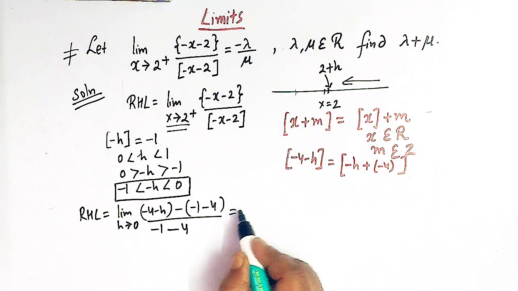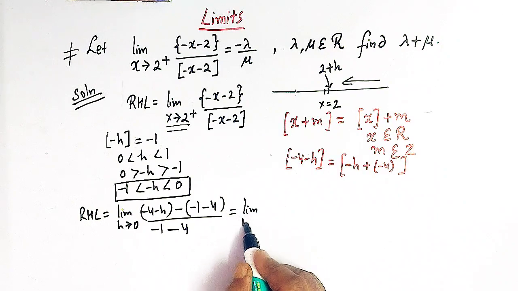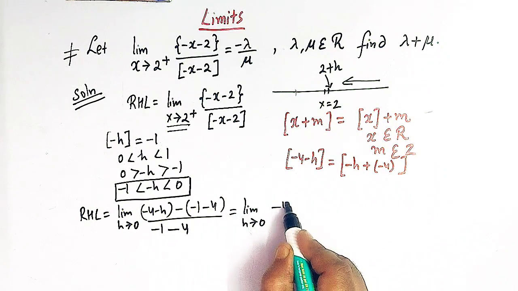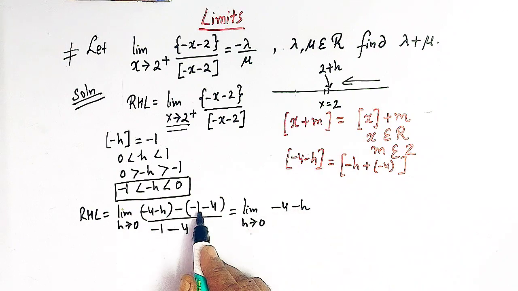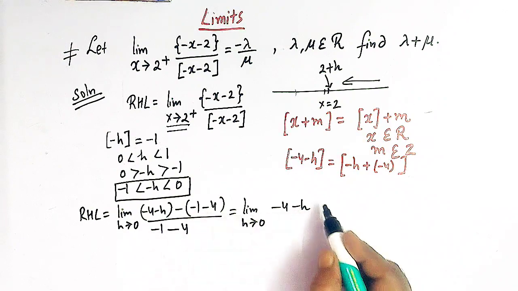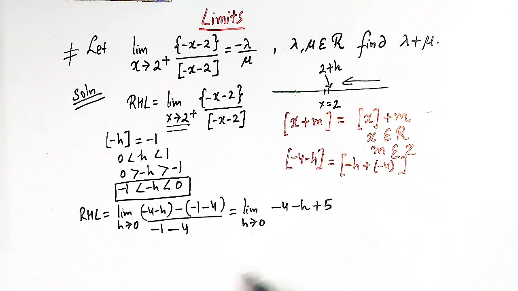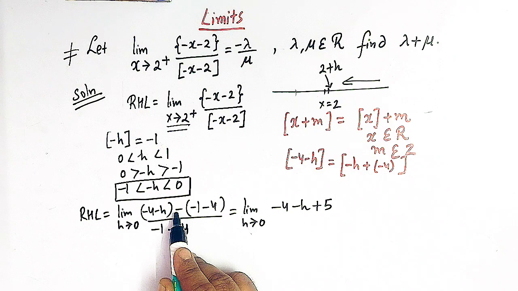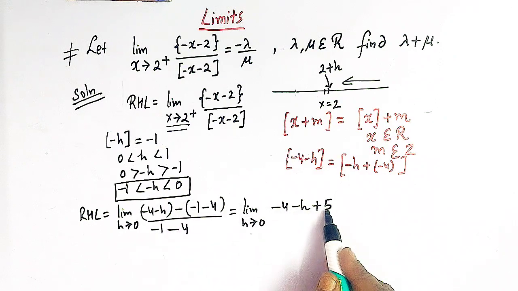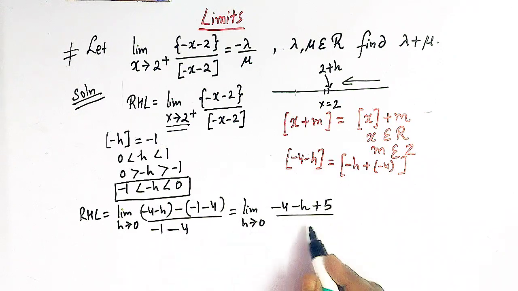Now we can write the limit as h tends to 0 of minus 4 minus h, and here we have minus 5, which becomes positive 5. Minus 1 minus 4 is minus 5, and then minus times minus 5 is plus 5, and here we have minus 5.